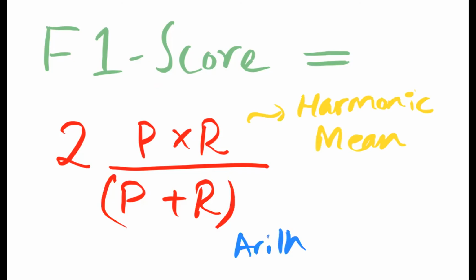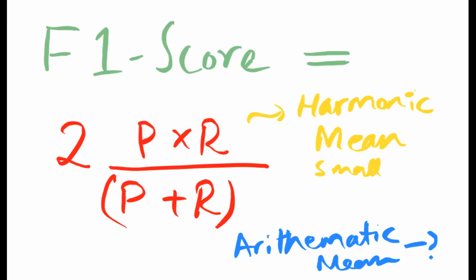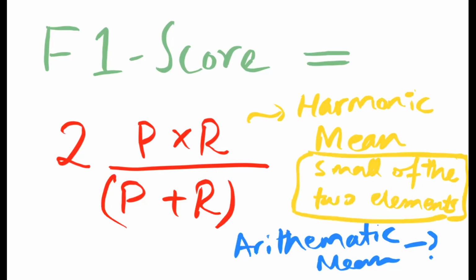You could show it mathematically. But the harmonic mean is biased towards the smaller element. So that's why we're interested in the harmonic mean. This is just one of the reasons we use the harmonic mean for this F1 score.